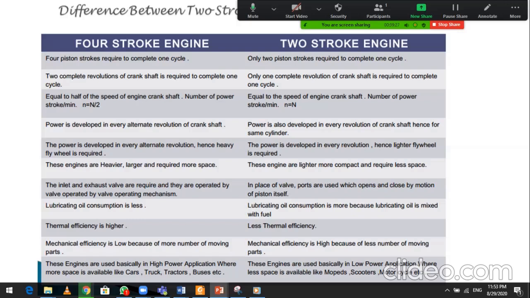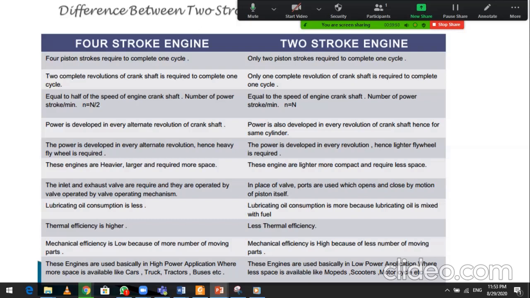Power is developed in every alternate revolution of the crankshaft. Power is developed in each revolution of the crankshaft, hence for the same cylinder, the power is developed in every alternate revolution, so a heavy flywheel is required. The power is developed in every revolution, hence a lighter flywheel is required.